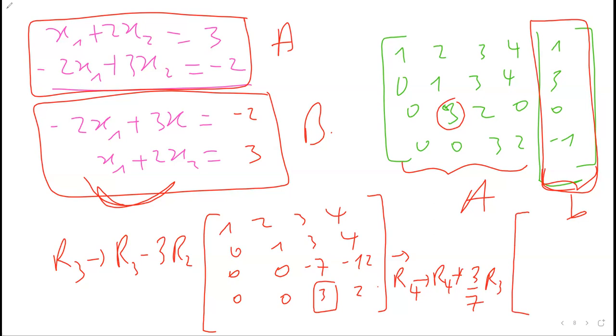Right? So if we do that, then we have 1, 2, 3, 4, 0, 1, 3, 4, 0, 0, 0 minus 7 minus 12. Then we have 0, 0, 0, right?